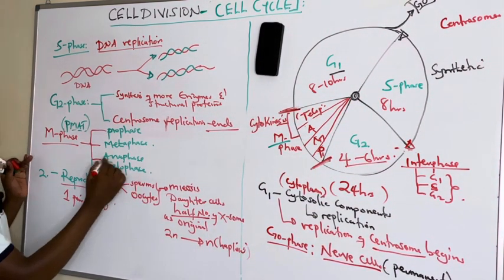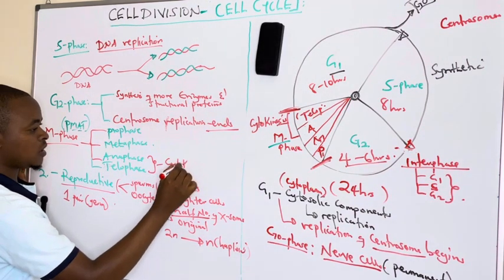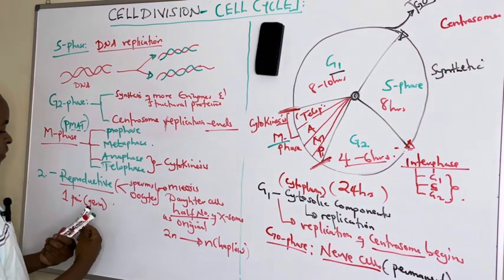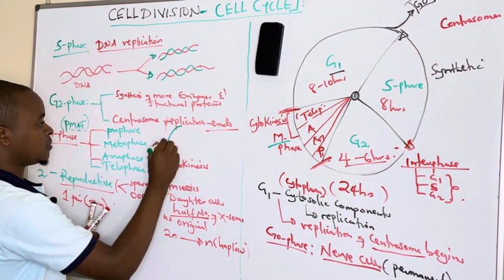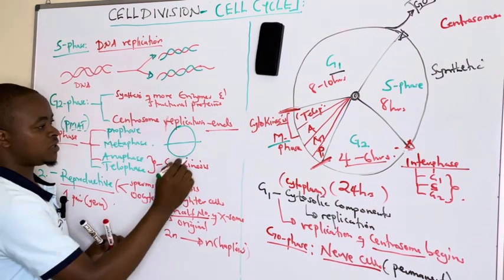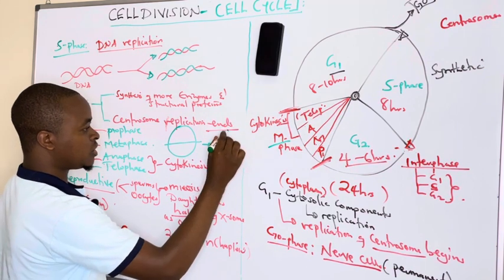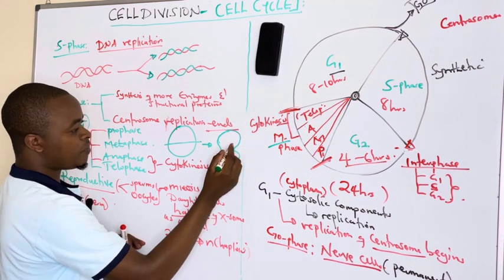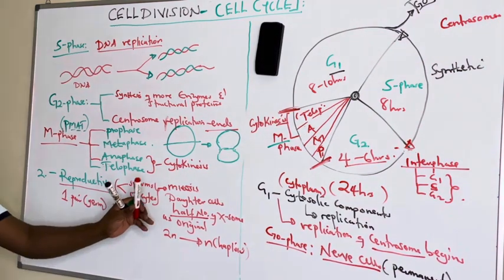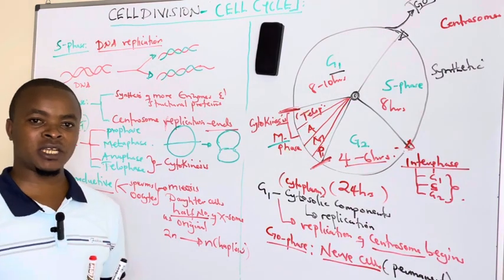If I have a cell like this, at the center or at the metaphase plate, we see it making a furrow. It constricts at the center in preparation for making 2 identical daughter cells. That is what we call cytokinesis, which we shall see in detail under mitosis.